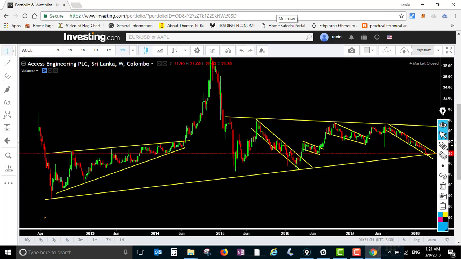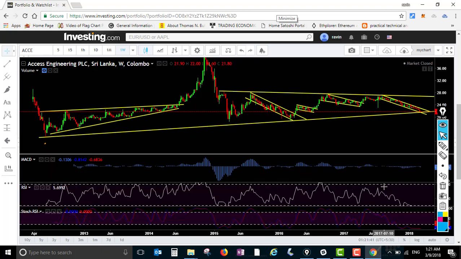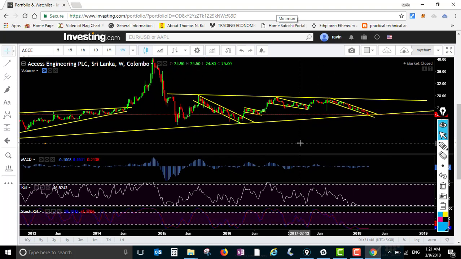But still you can't enter by just looking at a candle or a movement of a candle. What you want to do is, basically I am using 3 indicators. I will teach you how to use these indicators in the future.